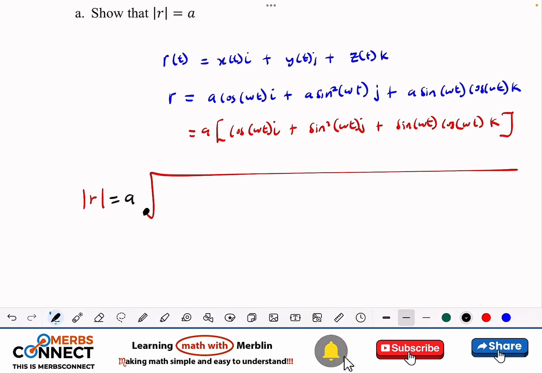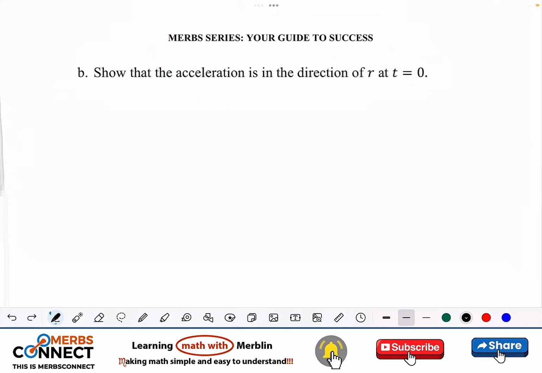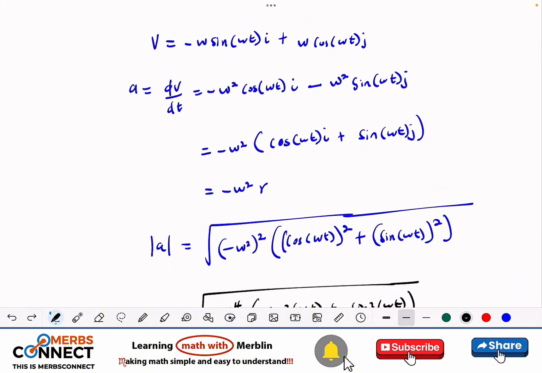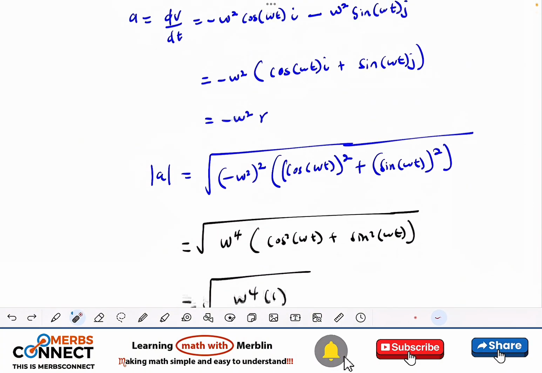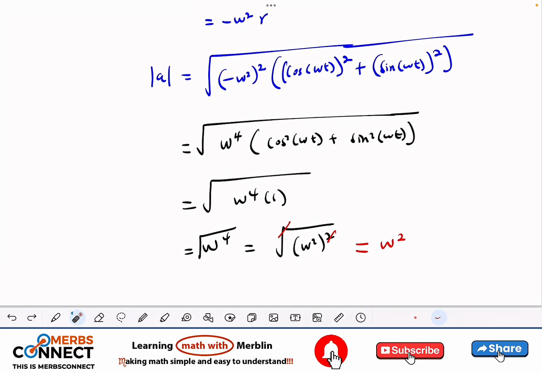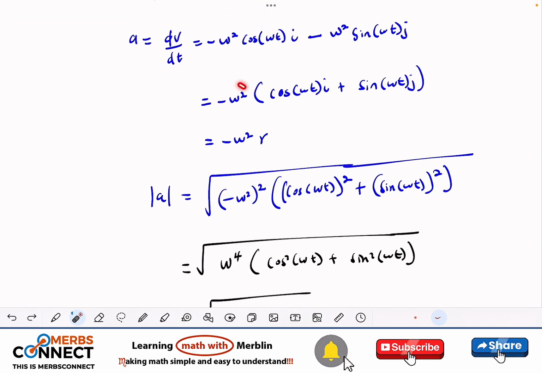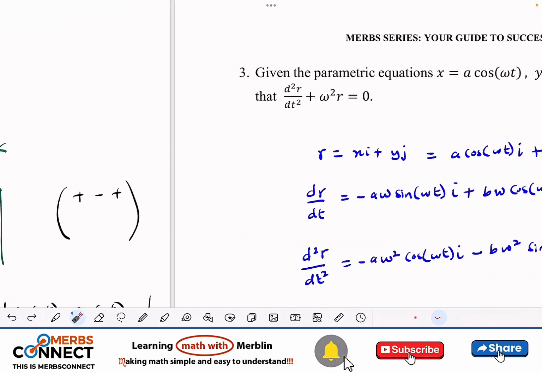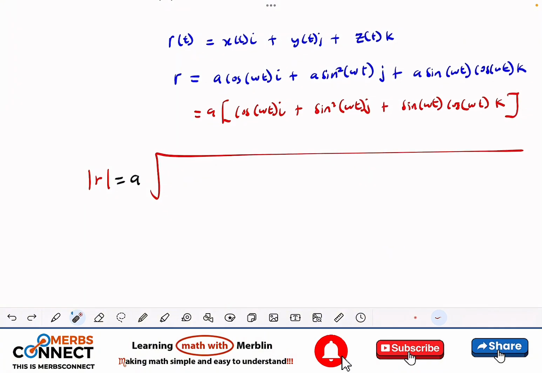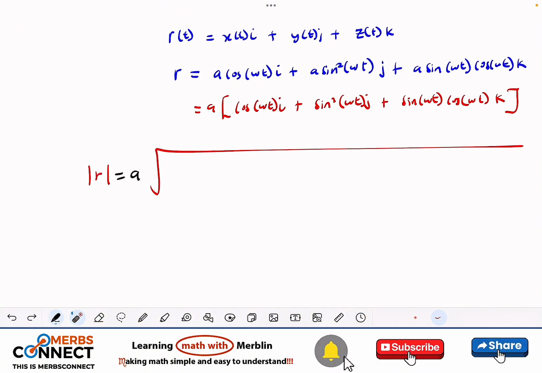For example, what we did here, when we were finding the magnitude for this one, this is a constant, I could have brought it in front by ignoring the negative, and we were able to prove that this one was equal to just what is here. So whenever you are solving a question with a constant and you are finding the magnitude, you can just factor it out.